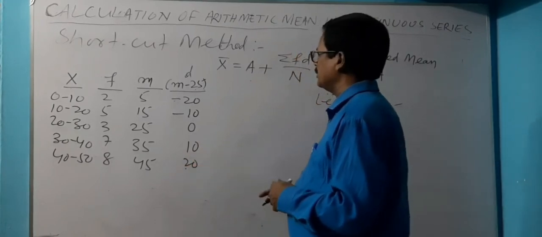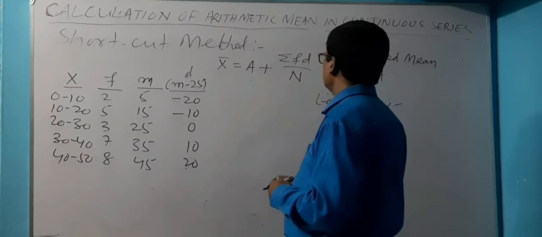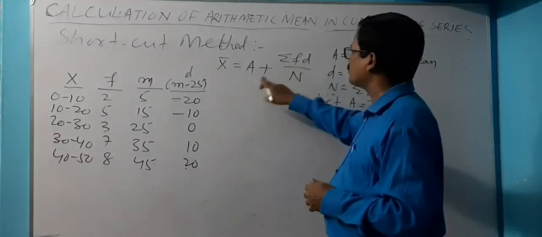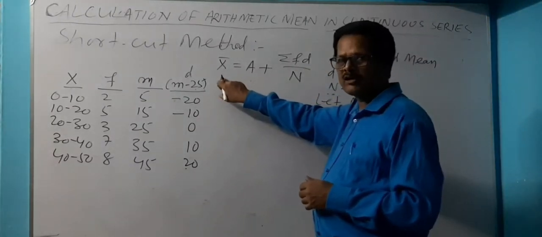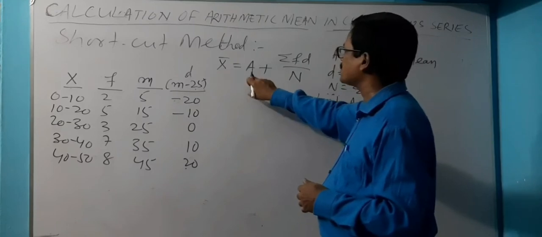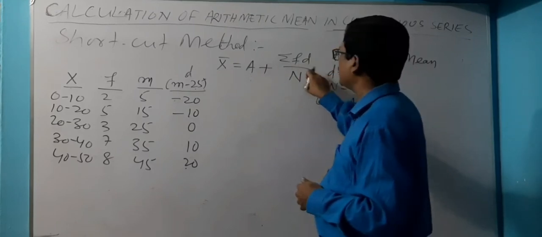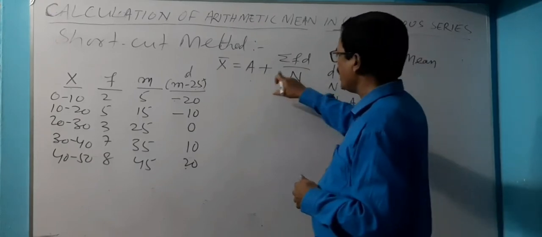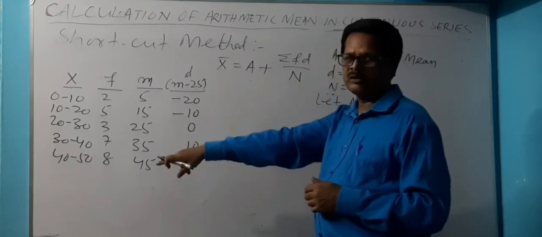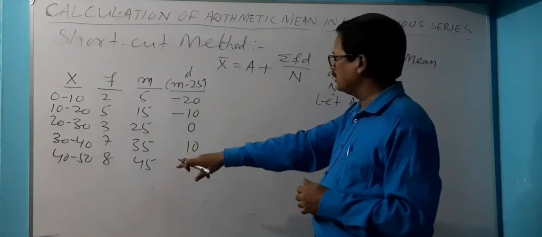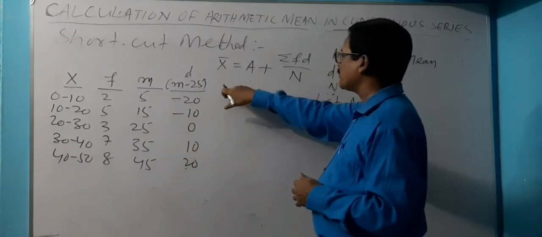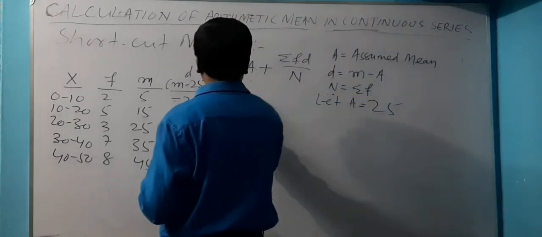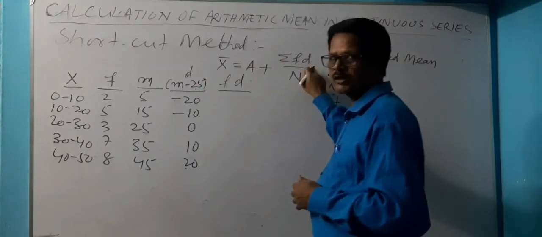Now what do we have to find? FD. Summation FD. You see here in our formula, to calculate x bar or arithmetic mean, we have to put the formula x bar is equal to A plus summation FD by N. A we have already taken as 25. N we have to find out also, by adding summation F. So in our next column, we have to take FD to find out the value of summation FD.